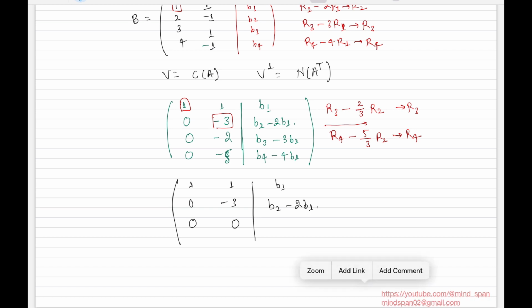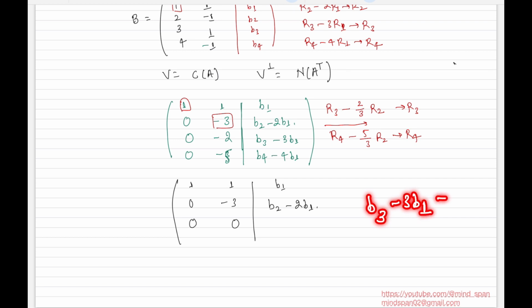And so here b3, so what we are doing is row 3: b3 minus 3 times of b1 minus 2 by 3 b2 plus 4 by 3 b1. So 9, so here b1 is there, here b1, right?